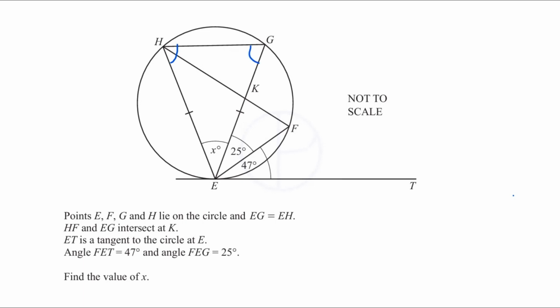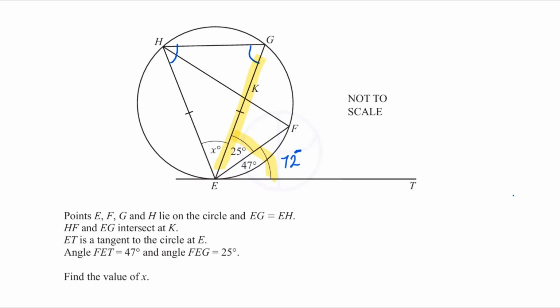Okay. So if you consider this chord EG, it makes an angle with the tangent which is 25 plus 47, which is equal to 72. So the chord makes an angle of 72 with the tangent.